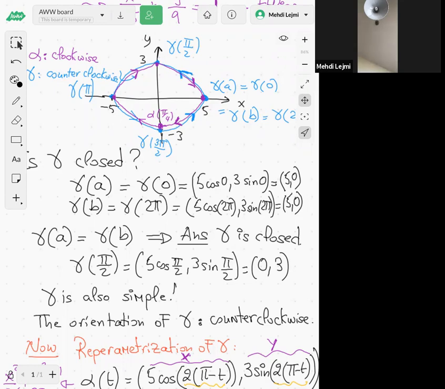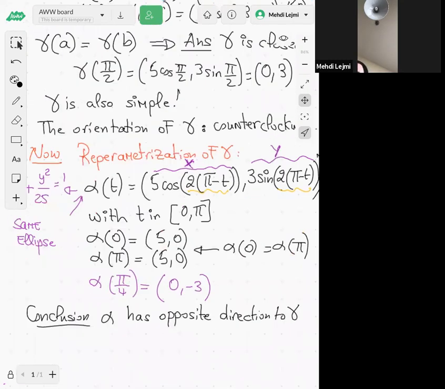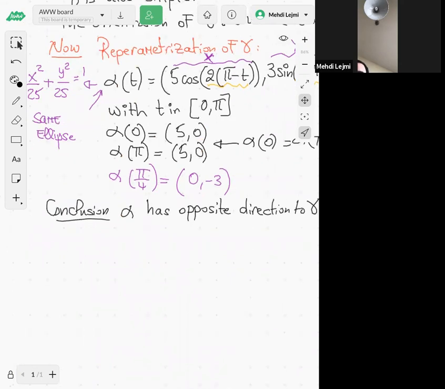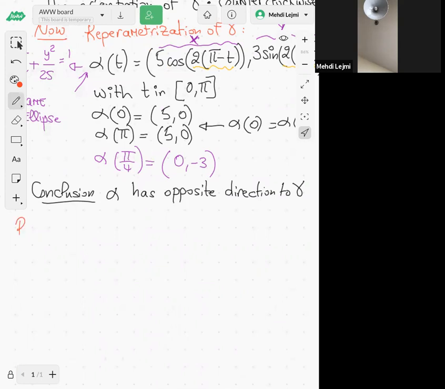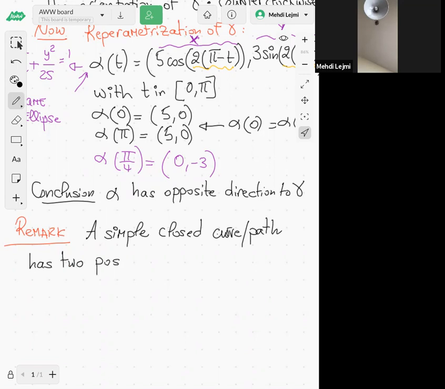Remark: a simple closed curve or path has two possible orientations.